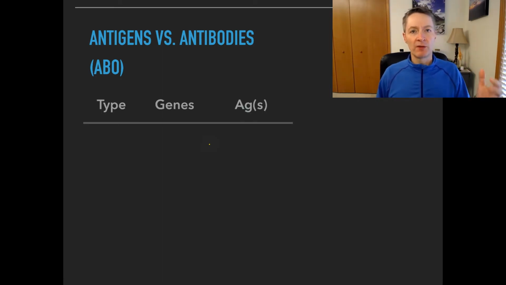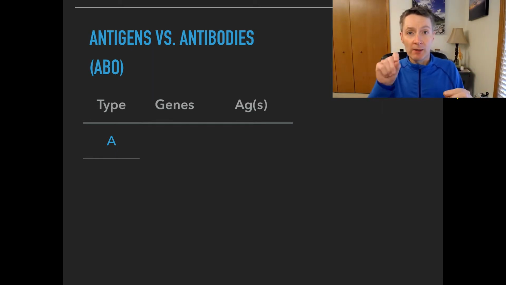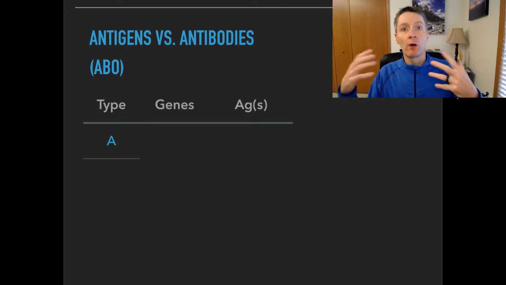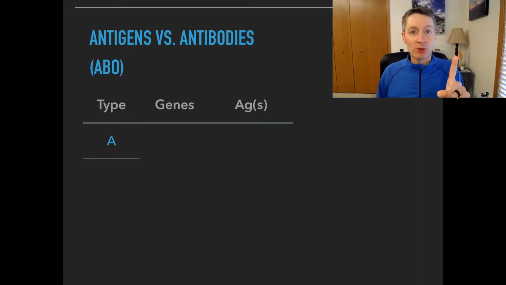Okay, and this will give us an opportunity to talk about the different blood types within the ABO blood type categories. If you're type A, we would automatically know that you have a gene in that location on the chromosome that results in an antigen that we call A. At least one gene.